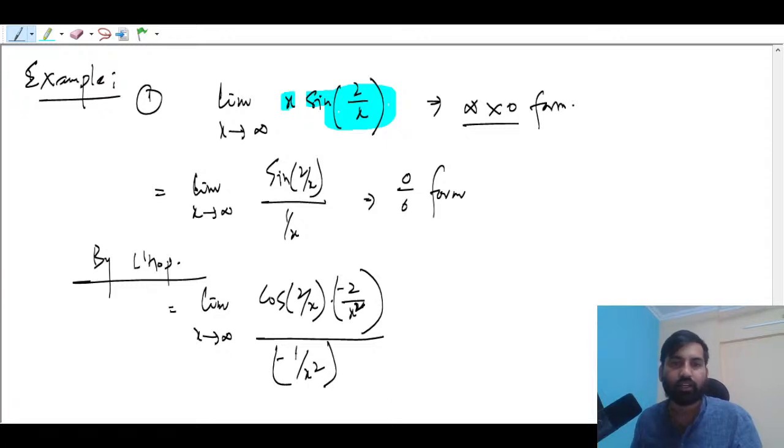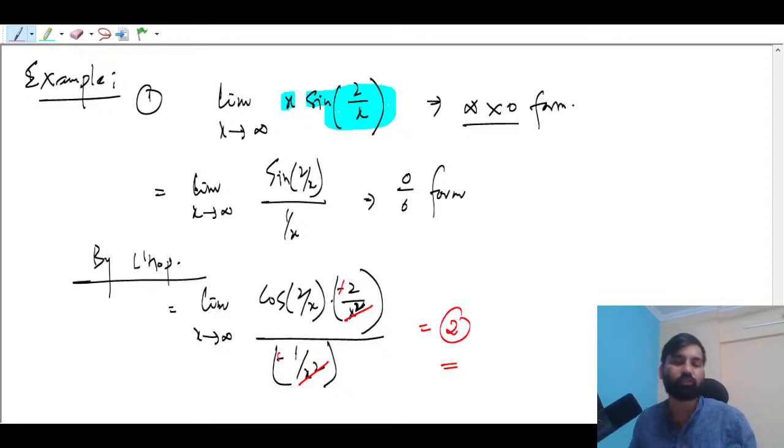Now if you see here, this x square and x square get cancelled, and this minus sign also gets cancelled. And if you put infinity here, this is nothing but cos 0. Cos 0 is 1, so the answer will be 2.